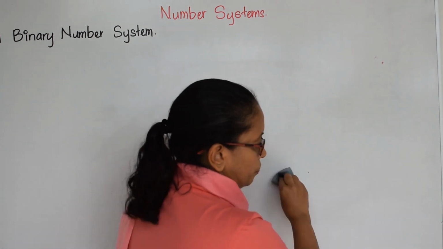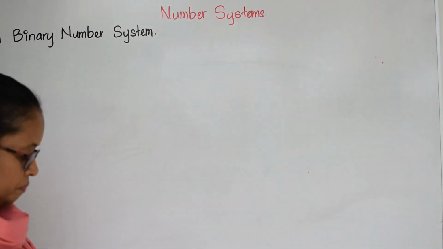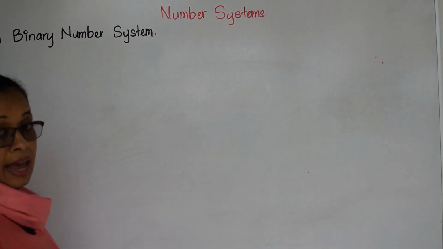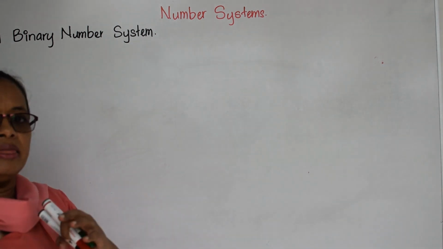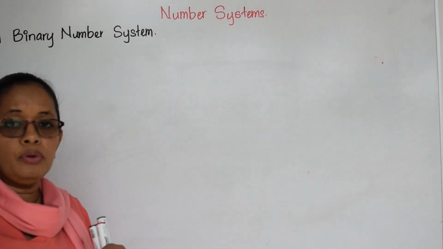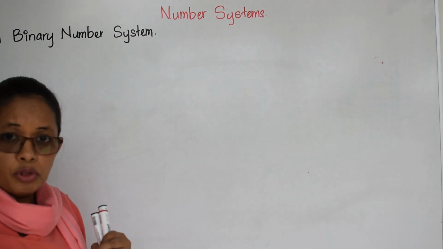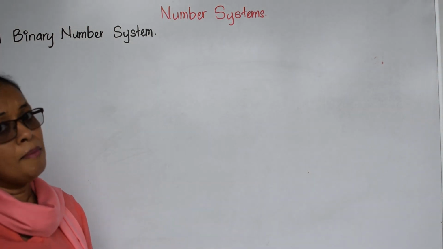So if it is the binary number system, as the name says, we need to understand what the base is. Why? The number of unique digits and the value that is going to get to the position is going to differ based on the base value.